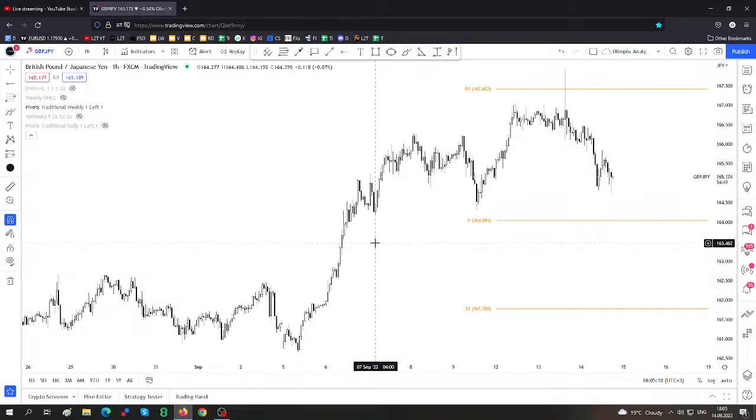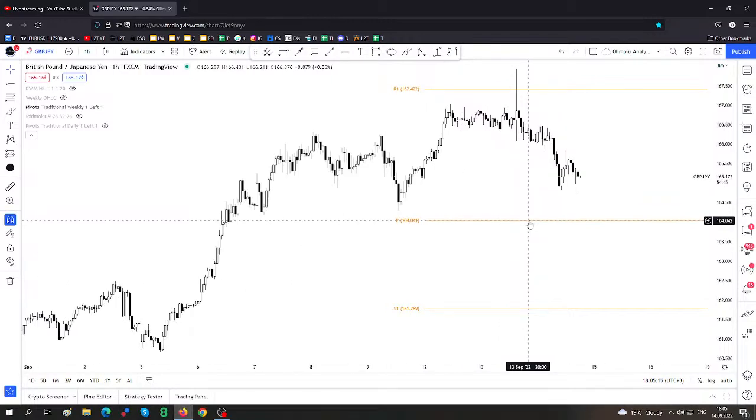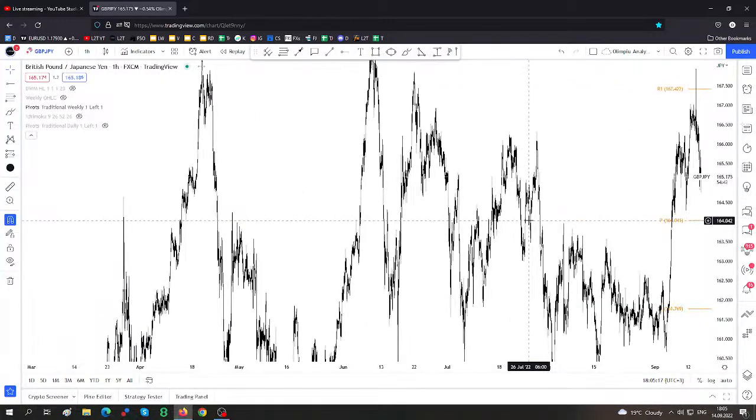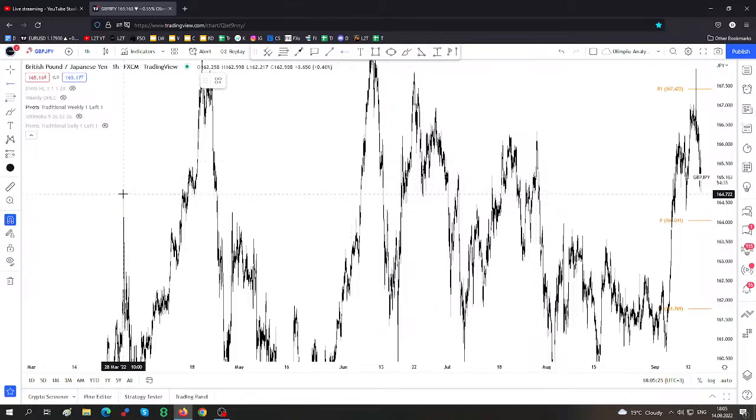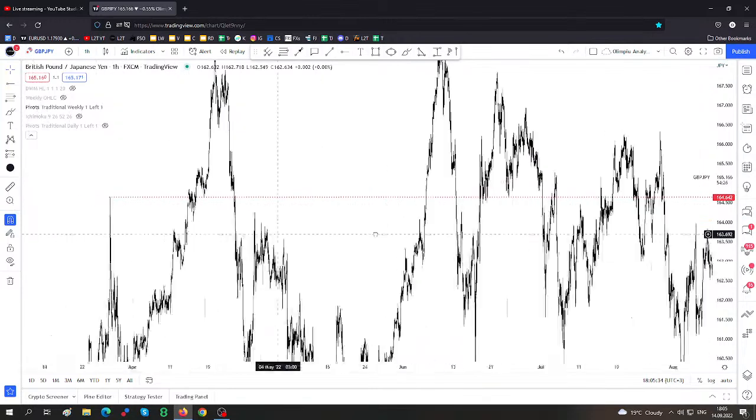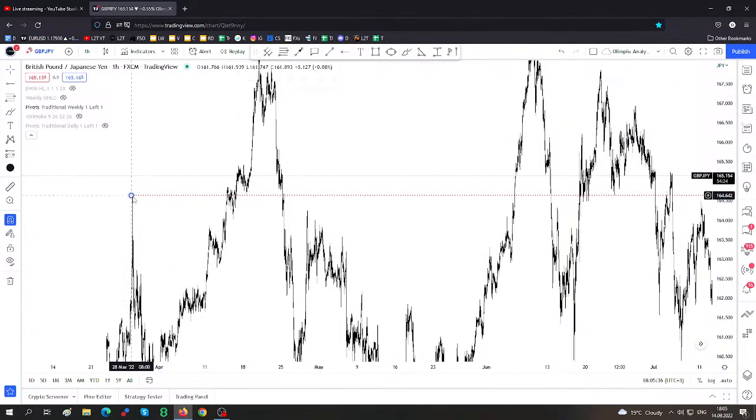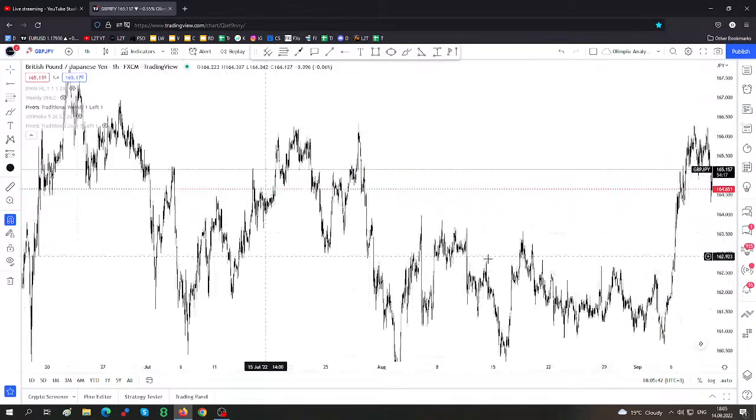Okay, so British pound, Japanese yen, yeah, it has dropped, but key level.